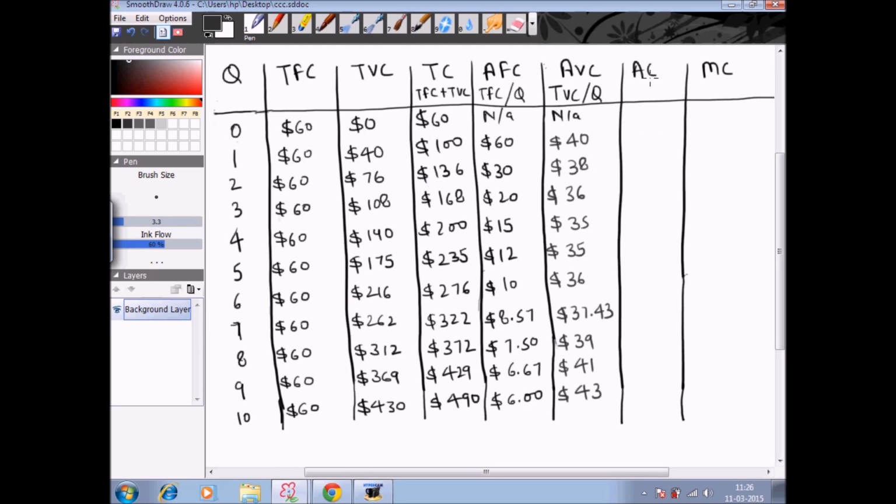And then we have to calculate average cost, which will be equal to average fixed cost plus average variable cost.